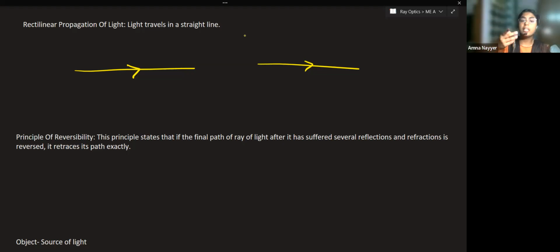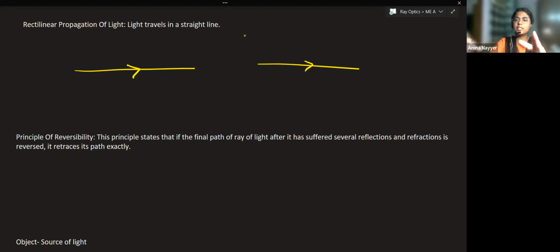That's why we are able to see objects. For example, let's say there's a wall. Why am I not able to see things behind the wall? If a wall is there, I'll only be able to see that wall. The reason is that the rays will not go behind the wall and then come into my eyes like this.